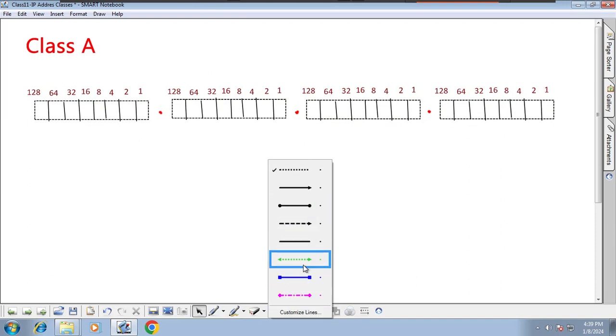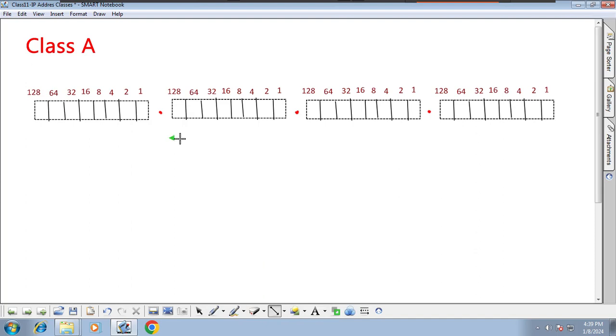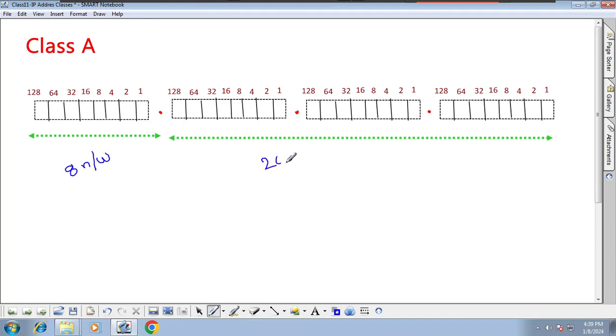If it belongs to class A, that means 8 network bits and 24 host bits. This is what we understood. So what is the thumb rule of class A?